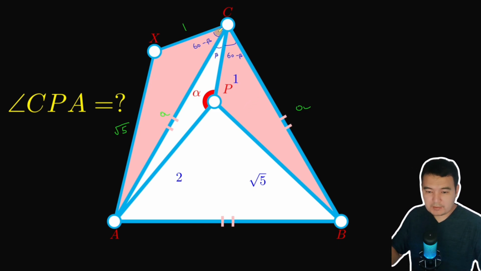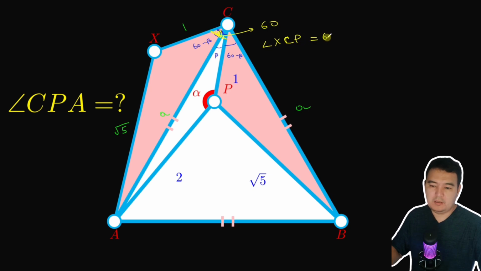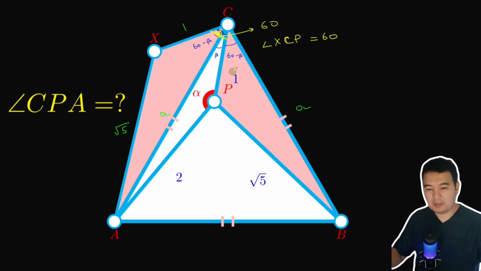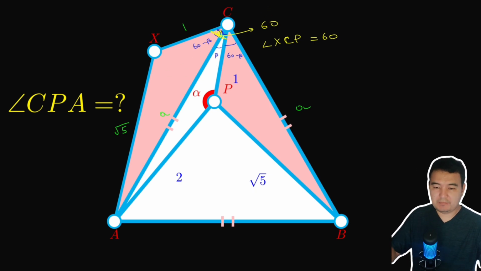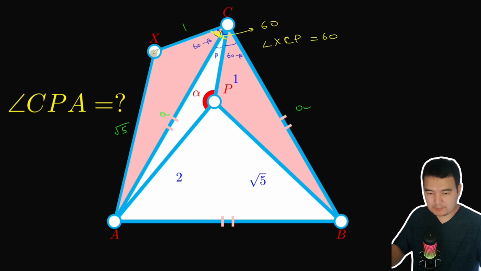Now we can see that we have a 60-degree angle here, so 60 degrees here, so that's 60. So total, XCP, angle XCP is a 60-degree angle.